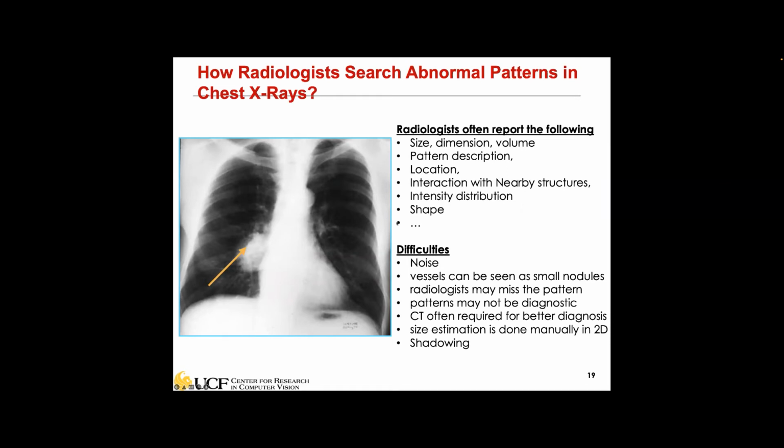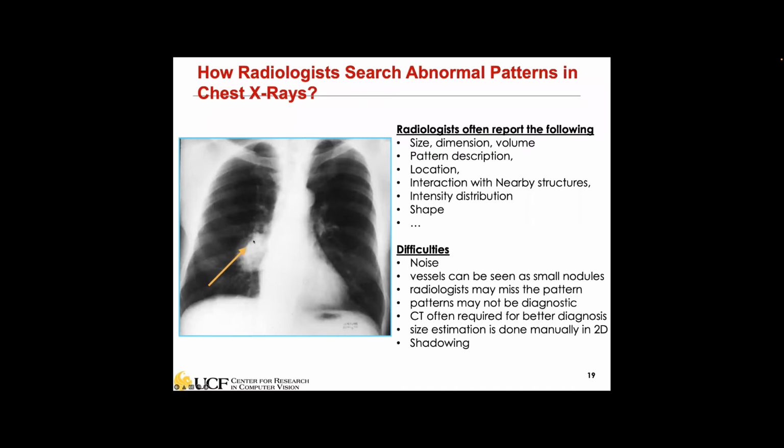Okay, so here radiologists will try to search for abnormal patterns in the chest X-ray, right? Often the radiologist will report some of the findings as follows: the size, dimension, or volume of the abnormal regions. And also what kind of pattern it is.